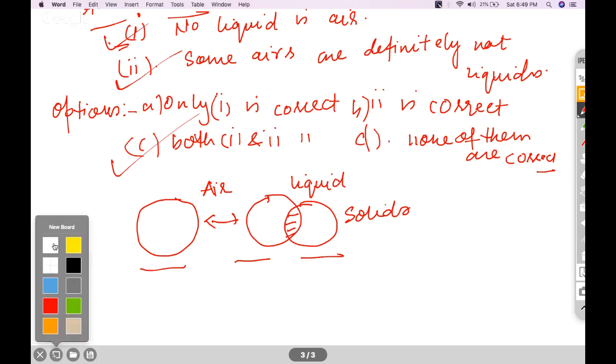Let me define another question for you. Problem statements are: statement 1, all gems are diamonds.